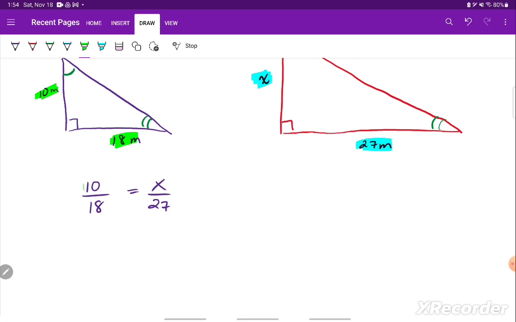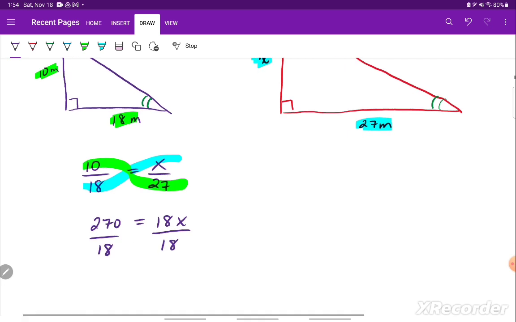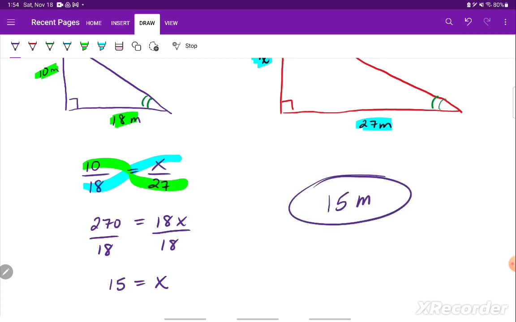As always with the proportion, we're going to cross multiply to solve. 270 equals 18x. And then we'll divide both sides by 18. We end up with x equals 15. So our flagpole has a height of 15 meters.